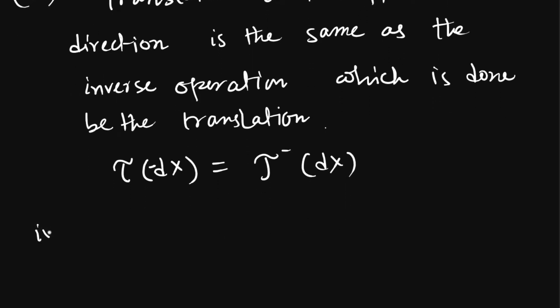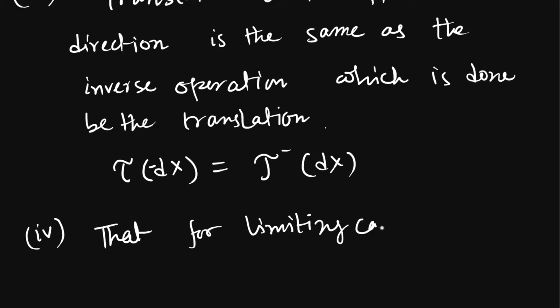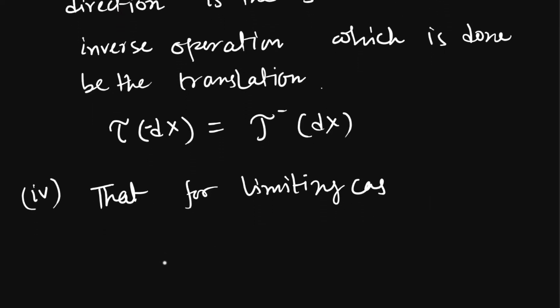And the fourth property is that for the infinitesimal limiting case, the translation operator will be the identity operator.